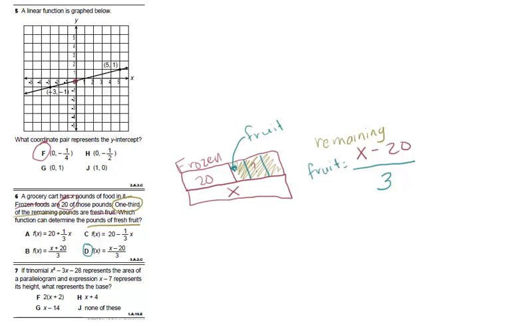Then finally, number 7, we're asked to find the base. If we look at the formula for area of a parallelogram, it's base times height.